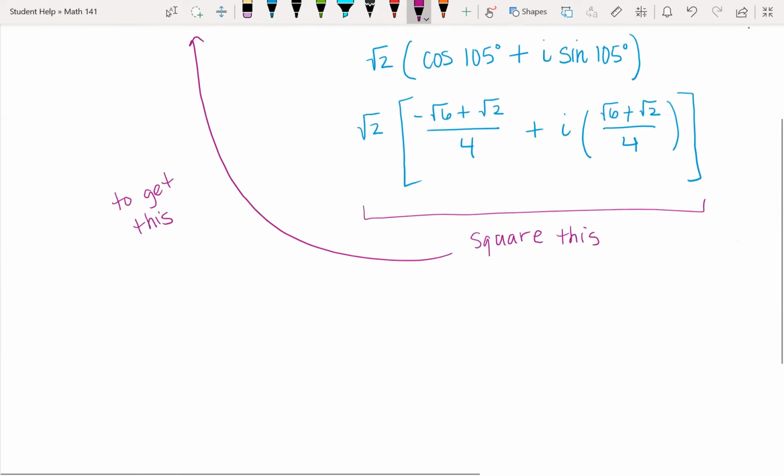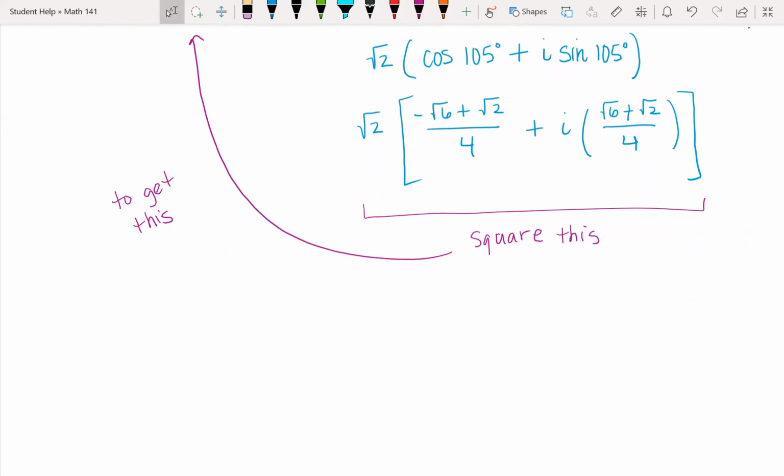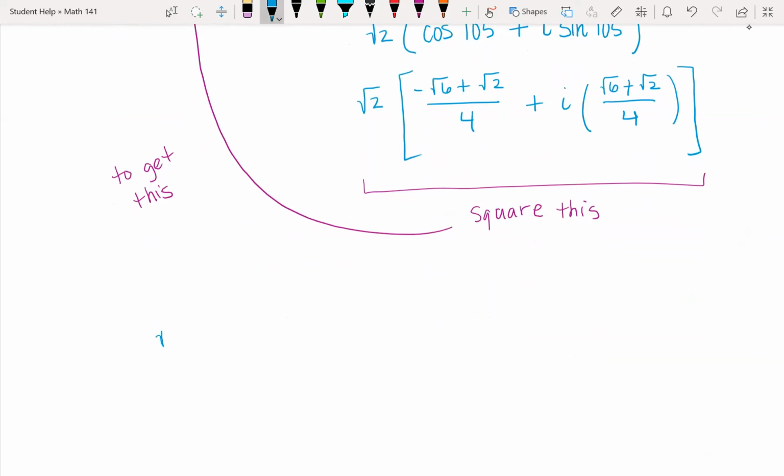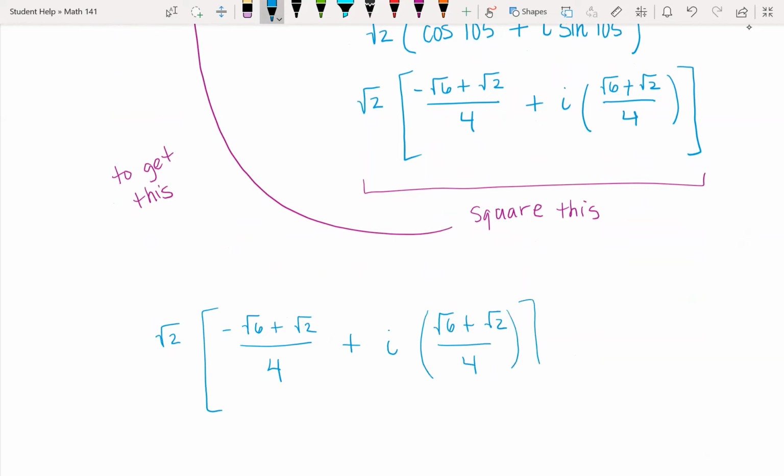So I'm going to do this in phases. The first thing to think about is that if I have two things that are multiplied together and I'm squaring them, I can think about them separately.